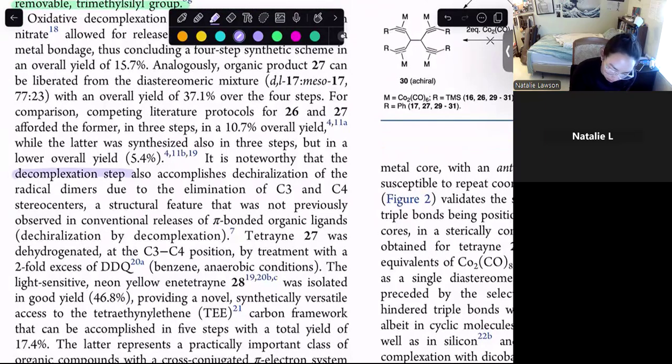Decomplexation step accomplishes decarylization of radical dimers due to elimination of C3 and C4 stereocenters.